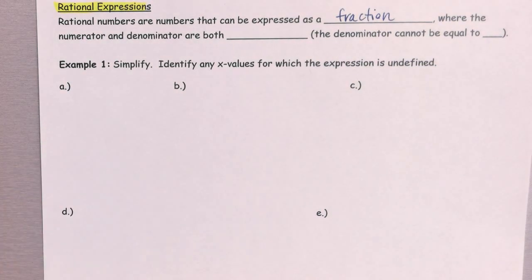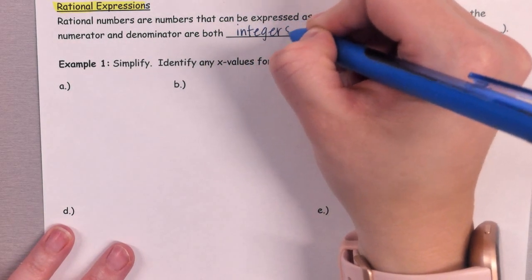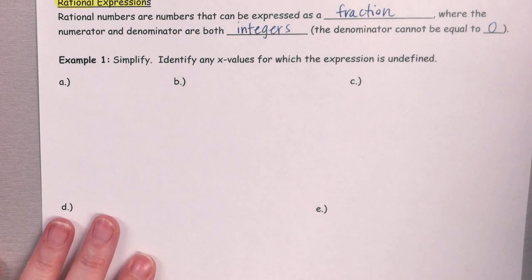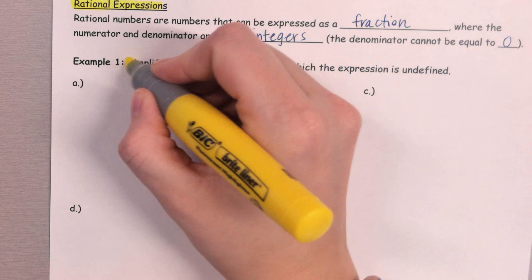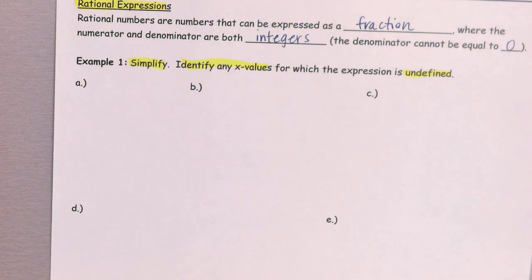And that's where the numerator and the denominator are both integers. And the denominator cannot be equal to 0. So for the first one, it asks us to simplify and then identify any x values where it is undefined.